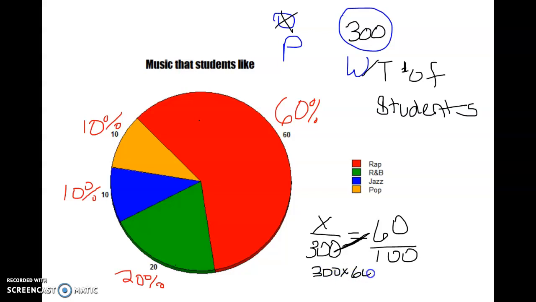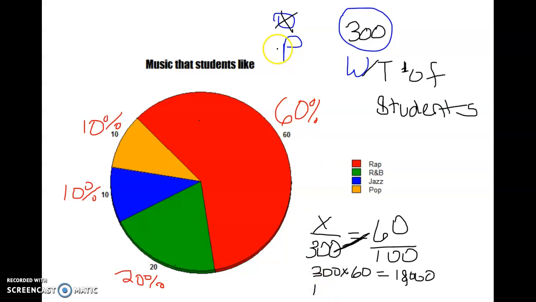Because I cannot cross multiply 100 times X and get a product, I'll get another equation, which we will talk about more later, but I want to be able to get a number. So I've got 18,000. Let's think about this, because a couple of you are doing this on your warm-ups. I only have a total of 300 students that were surveyed. I can't say a part of 300 is 18,000, because then you're saying 18,000 students chose rap music. We only surveyed 300 to begin with.